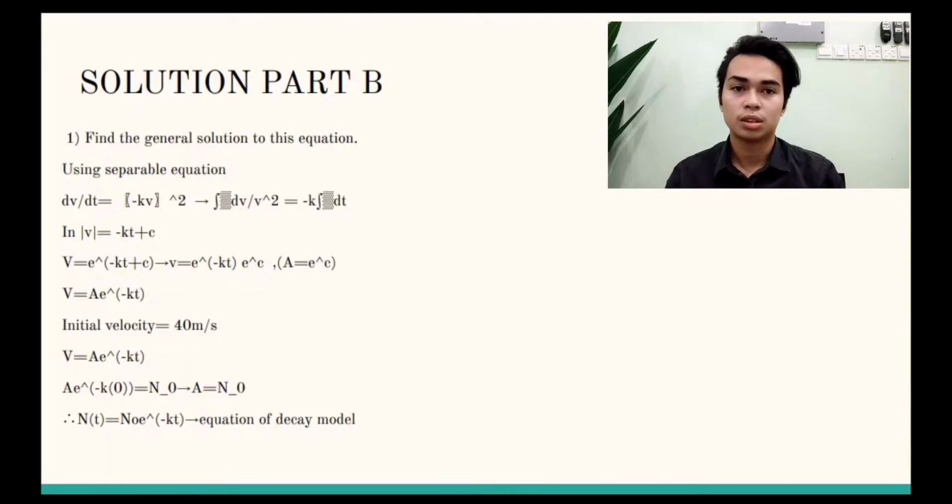Okay, so we need to separate the equation, and it is shown as dv over dt equal to negative k v squared, and integrate them into dv over v squared equal to negative k integrate dt.